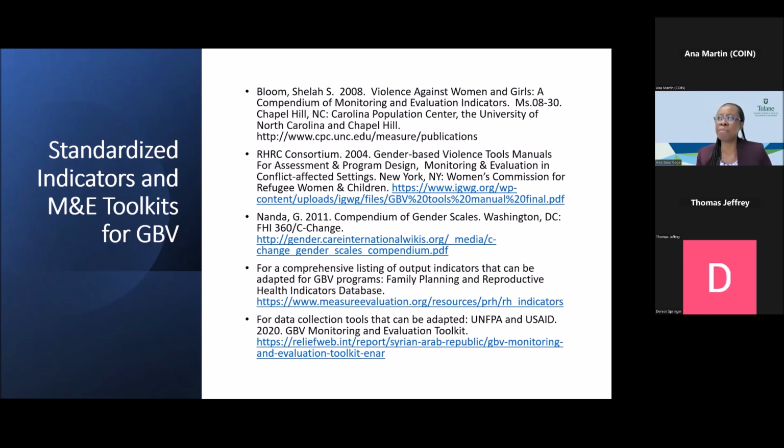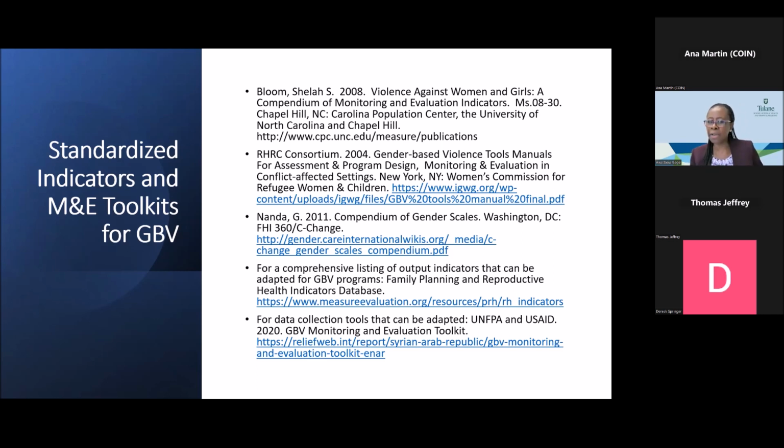So for example, if people are working on men's attitudes towards gender equity, this compendium has the Gender Equitable Men's scale, GEM scale. It has a whole lot of scales, like the sexual relation power scale, and it talks about the questions that are used to form the scale and gives you more information about the scales.